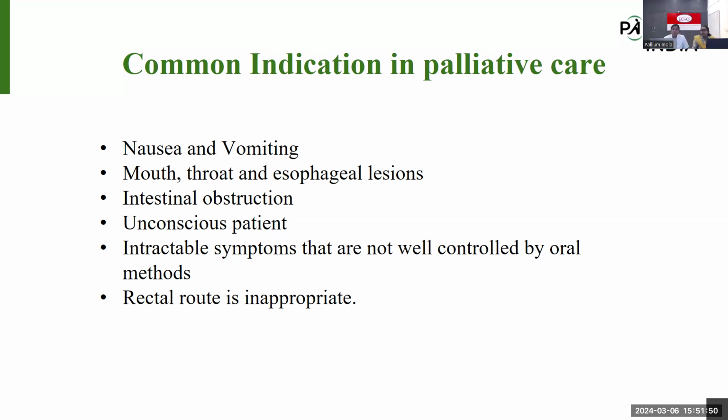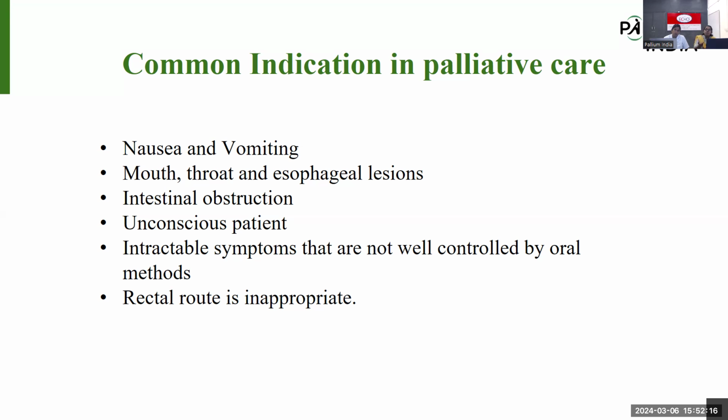Pushpa ma'am, any questions? The one important thing you have to keep in mind is that when patients come to your settings, they all know the intravenous route only. So when they go to the hospital, they usually see the intravenous route.